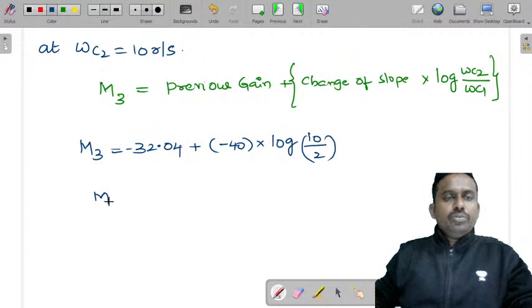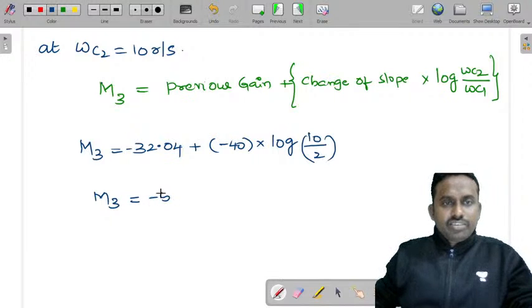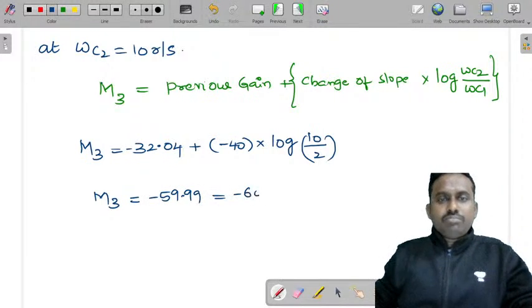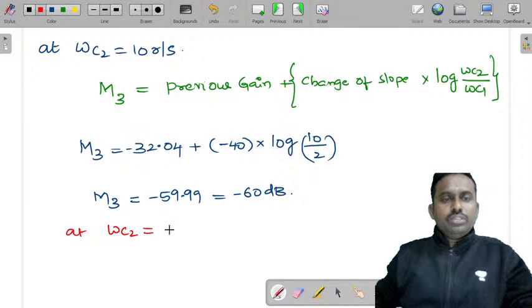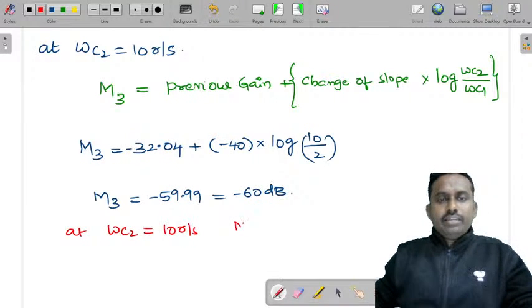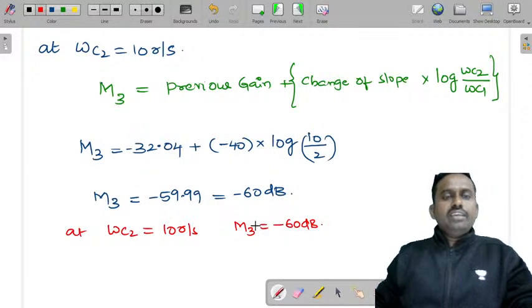This will give you M3 approximately minus 59.99, or I can write it as minus 60 dB. Therefore, at omega C2 equal to 10 radian per second, you just need to check these values; I'm writing approximate magnitudes. So this is the magnitude at the third corner frequency.